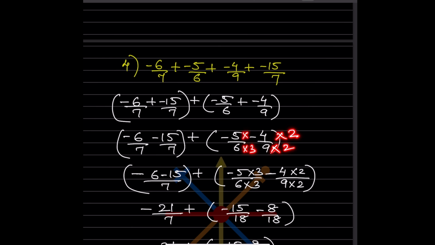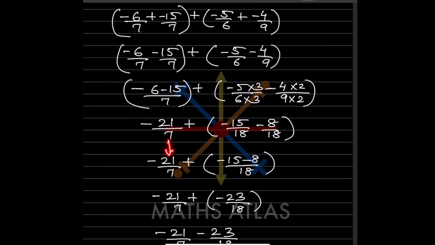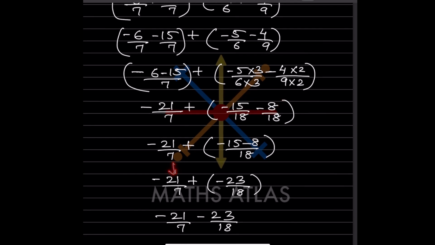Multiply by 2 and here by 3. So minus 6 minus 15 means minus 21 by 7. And here minus 15 minus 8 by 18. So minus 21 by 7, and this is going to be minus 15 minus 8, minus 23 by 18. So you can see that in this one you will find a greater number of steps.